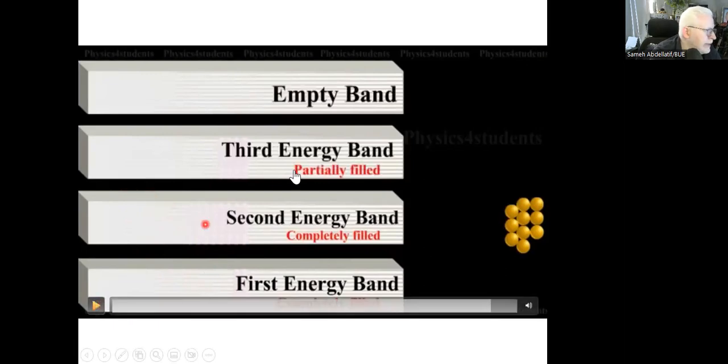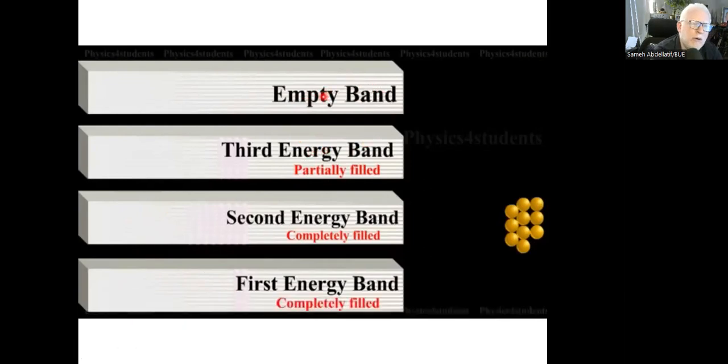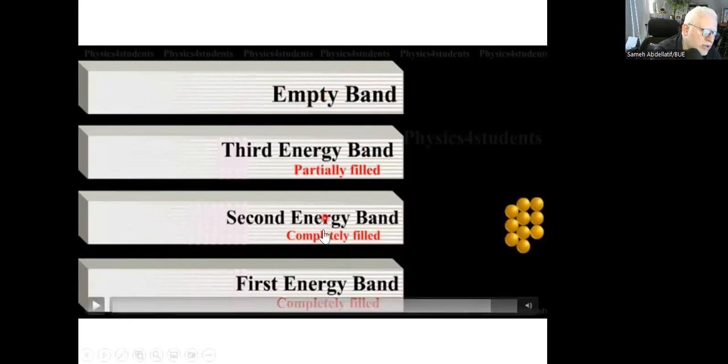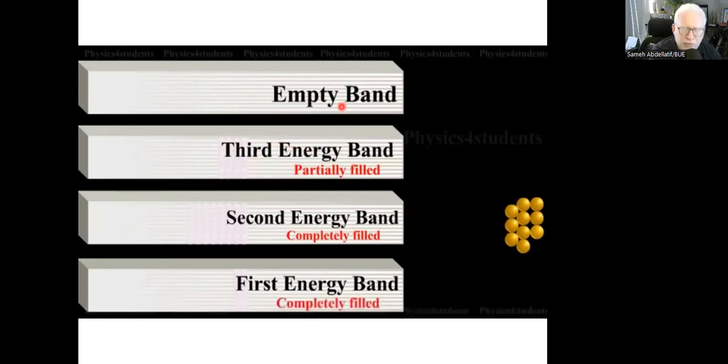But here is the interesting portion of the material, because these two levels are fully filled and highly bound. So you are not going to break the bond here. No way. Your targeted electrons are here in the valency band, and your target is to move these valency band electrons to the conduction band, where electrons become partially free.